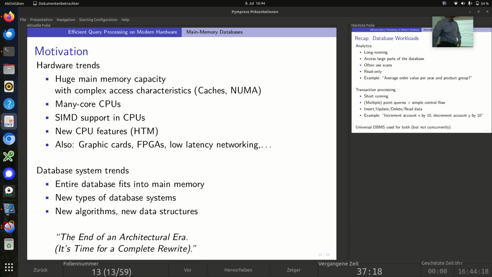And there was a time when RAM was decreasing more than SSDs. This was the time when RAM was the cheapest. Then the price increased again. This was the time when main memory database systems were established. We saw that the price for RAM was decreasing more than it did for SSDs, and then we said, okay, let's put everything into RAM and not consider the HDD anymore.